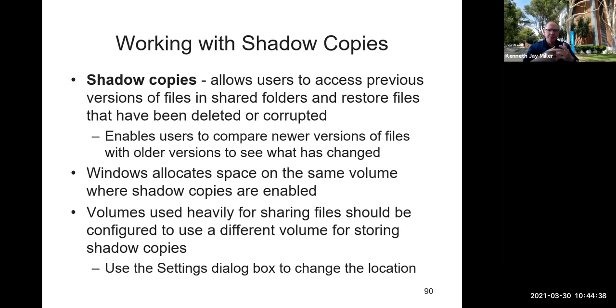Now, let's say I'm a user and I'm working on today's PowerPoint, and I save it, but I meant to save as. So now this week's PowerPoint, I'm working on next week. But I saved over this week's, so now I lost this week's PowerPoint, right? I overwrote it.